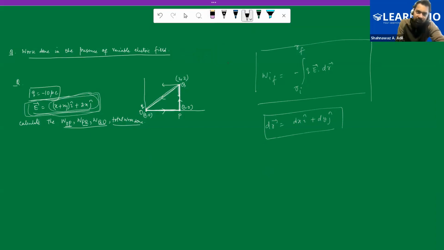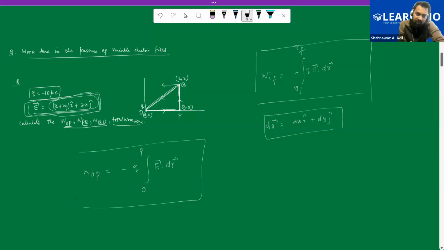So if I calculate work done from O to P, that would be minus Q and then E dot dr. We are going from O to P. This is the work done, right, guys? Yes, clear.